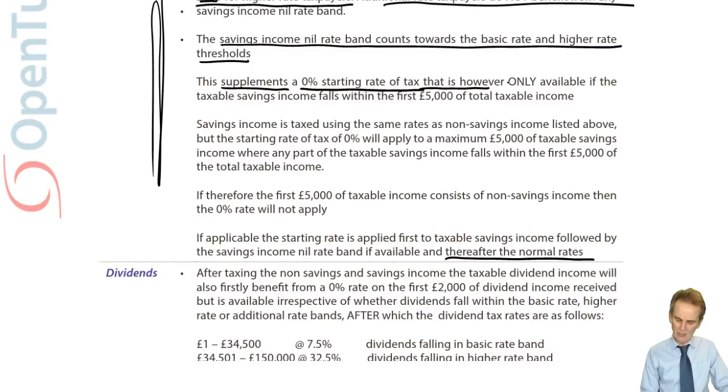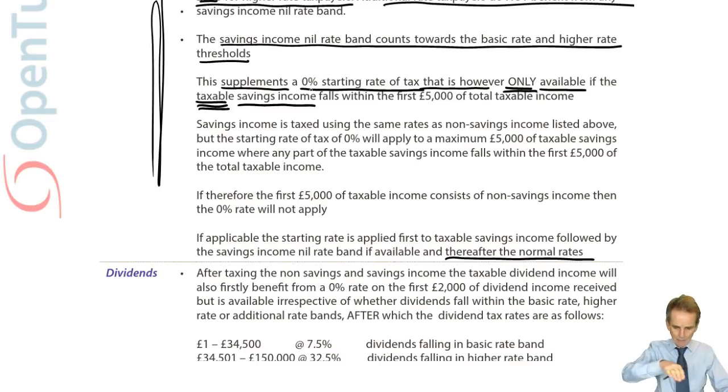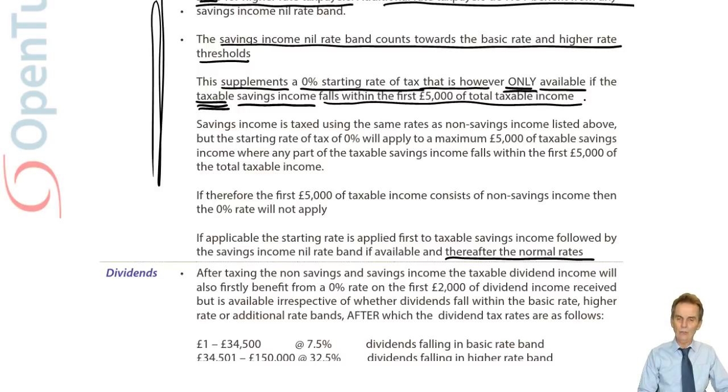A 0% starting rate of tax that is, however, only available if the taxable figure of savings income, remember your pro forma computation down to taxable income, non-savings, savings, falls within the first £5,000 of total taxable income.